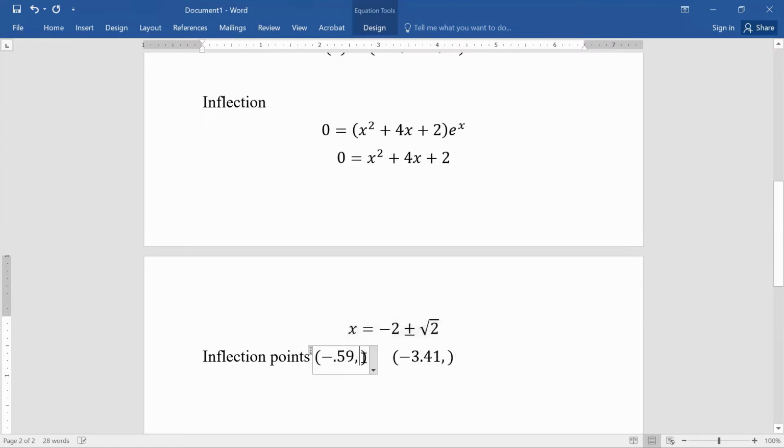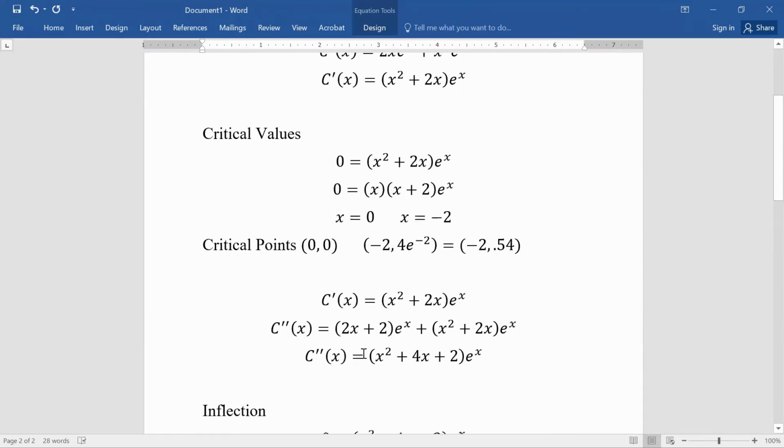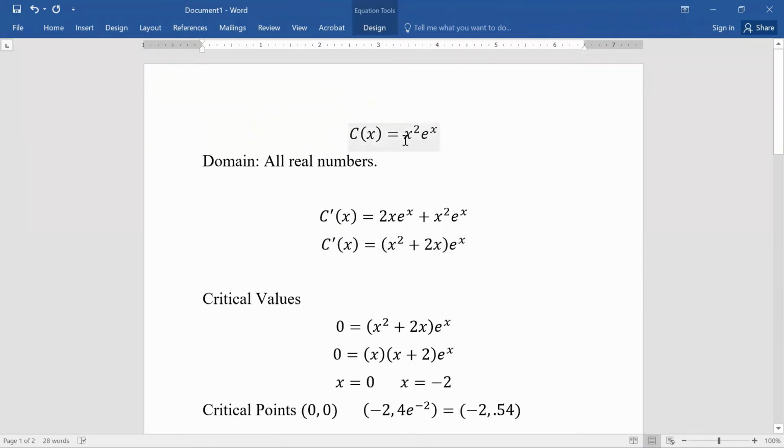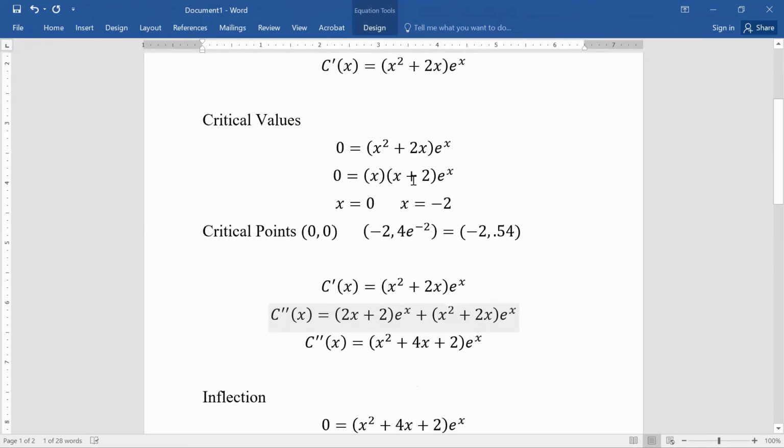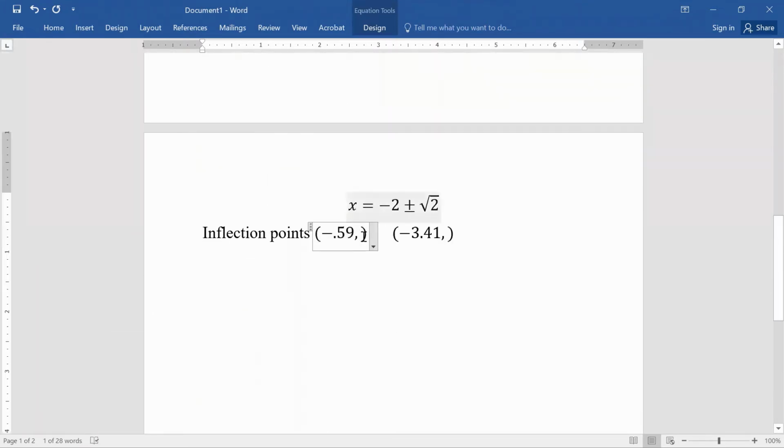If I plug in -0.59 into my original function, remember my original function was x squared times e to the x, I get an output value of -0.59 squared times e to the -0.59. That's an output value of approximately 0.19.